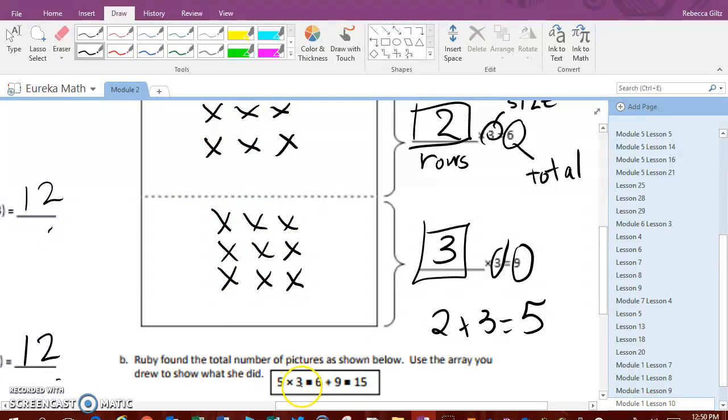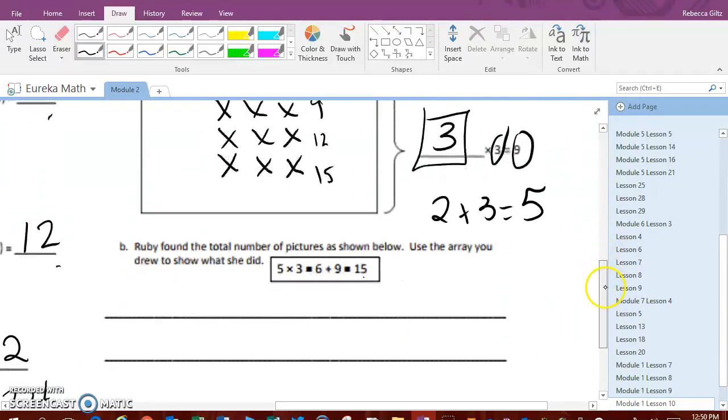They all have 3 in each row. That's equal to the totals of 6 and 9. And when we add 6 plus 9, we get 15. Do we have 15 up here? This is 3, 6, 9, 12, 15. Awesome. Okay, so now I know where those numbers are coming from.